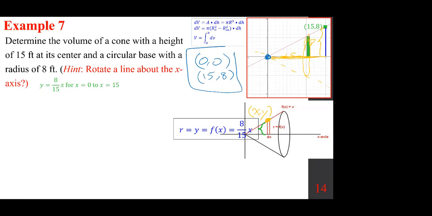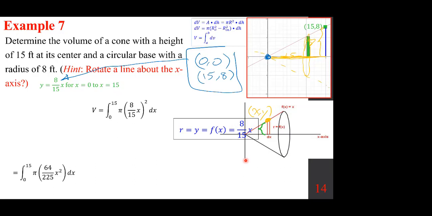Convince yourself that, given the two pairs, you can come up with the equation of this line, y equals 8 over 15x. All you have to do is calculate the slope; y equals mx plus b, and b is 0. That I leave for you. Just finish the job as follows. So pi, and then r squared, we decided r is the y coordinate, so y squared times dh, we decided is dx, and we replace the y or f of x with 8 over 15x.